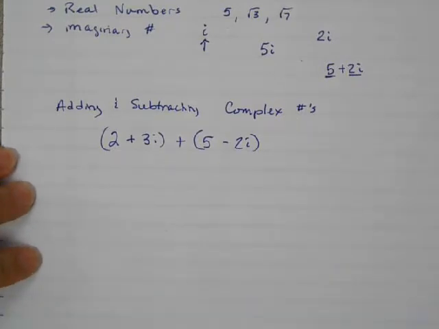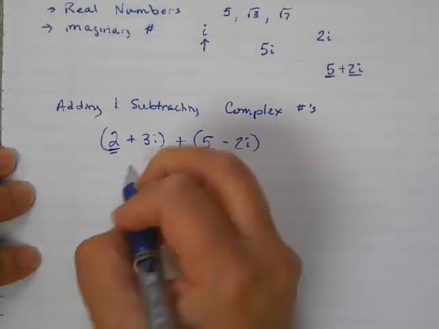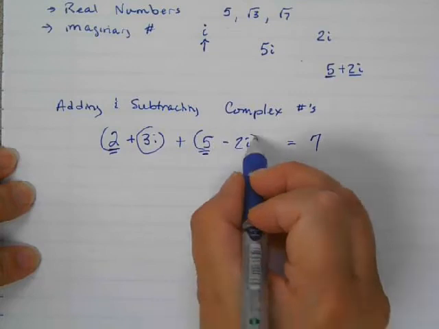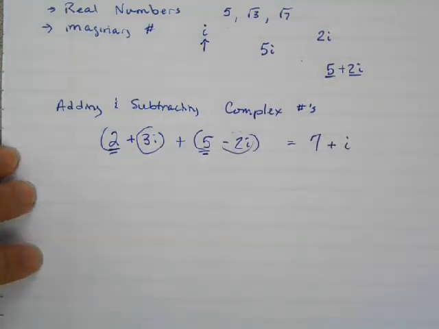We're going to look for like terms. So 2 and 5 are like terms, so that would be 7. And then I have positive 3i and negative 2i, which would make positive 1i. So adding and subtracting is basically just like how you would do it if you had variables.